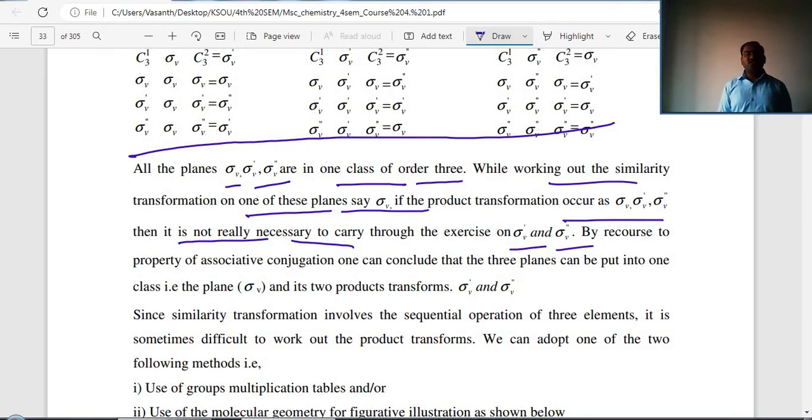By recourse to the associative property of conjugation, one can conclude that the three planes can be put into one class: the sigma V plane and its two product transforms, sigma V dash and sigma V double dash.